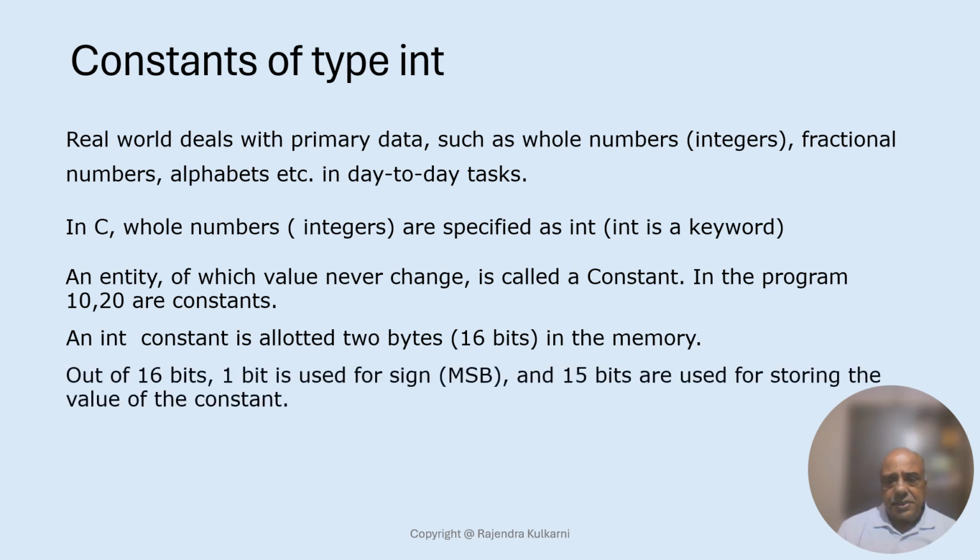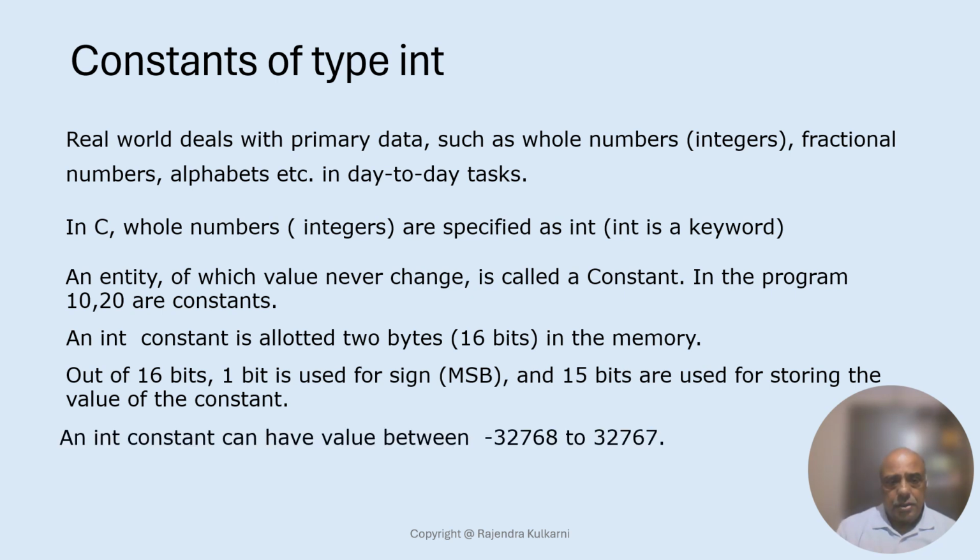Out of the 16 bits, 1 bit is used for sign, and that is the most significant bit, the MSB. And 15 bits are used for storing the value of the constant. So out of 16 bits, 15 bits are available to represent the int constant in binary form. Considering this, an int constant can have a value between minus 32768 and plus 32767.